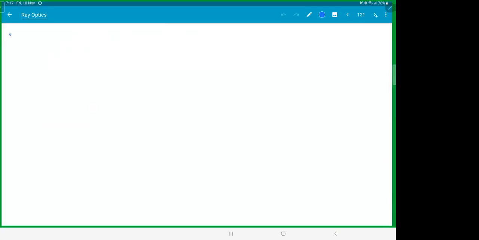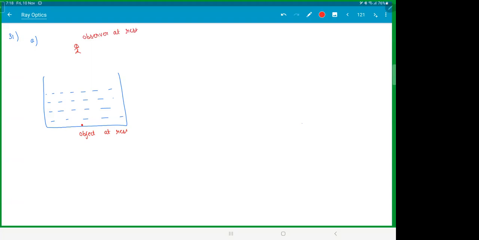This is a good one. Let's say we have an aquarium. There's an object at rest. We also have an observer at rest. Refractive index is mu. Someone is pouring liquid into it.